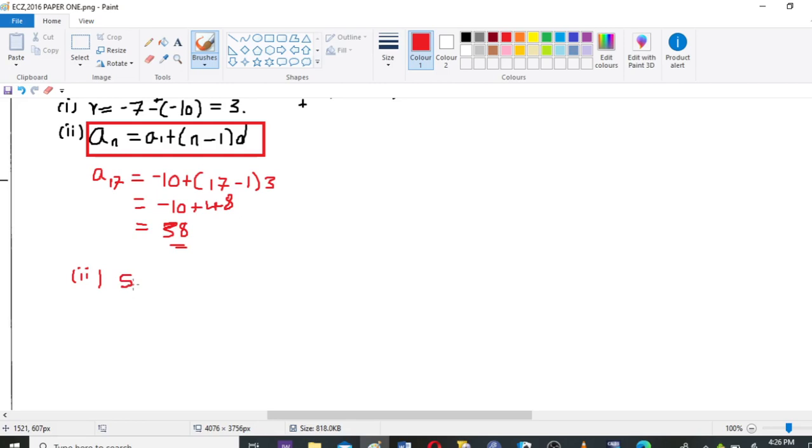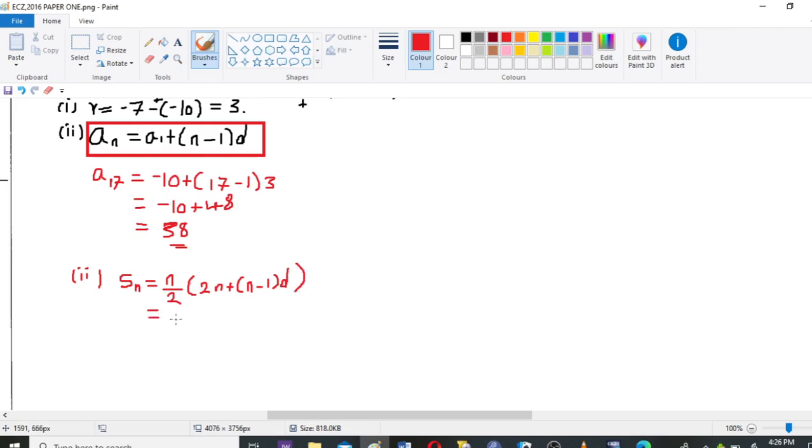The formula is S subscript n is equal to n, the number of terms that we want to calculate the sum of, divided by 2, open bracket, 2a1 plus open bracket n minus 1 close bracket multiplied by d, then you close there.